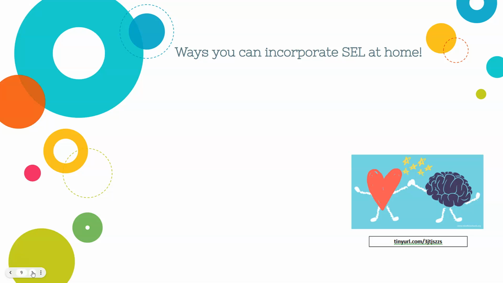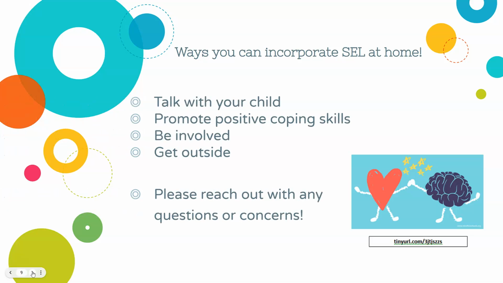Ways you can promote social emotional learning at home is talk with your child. See how they're feeling, how they're doing. Know what they might be struggling with or something that they're really, really excited to work on. Promote positive coping skills with your child.